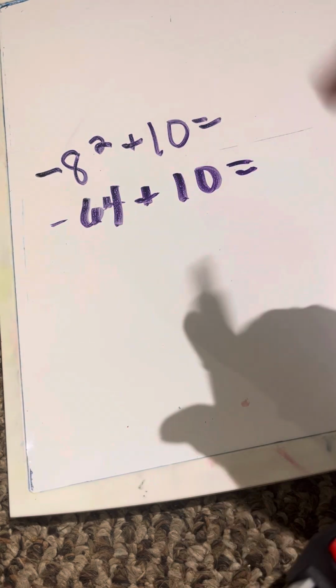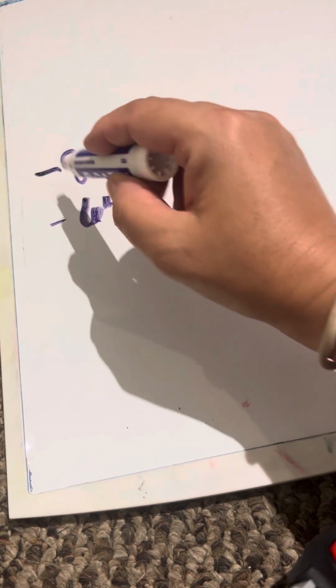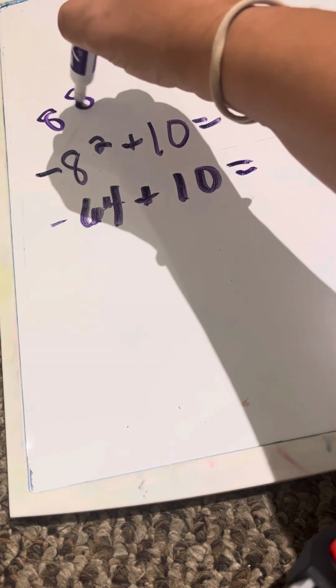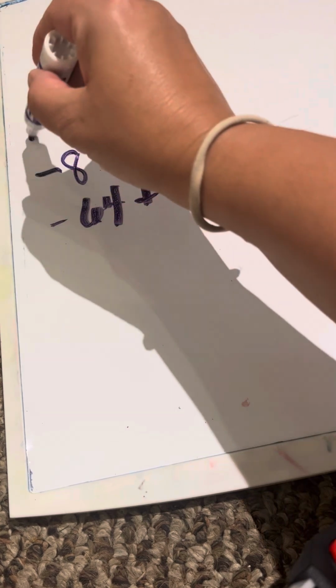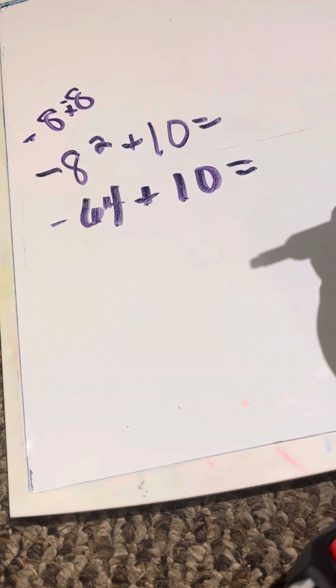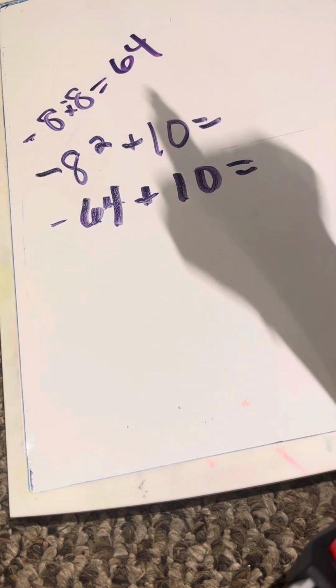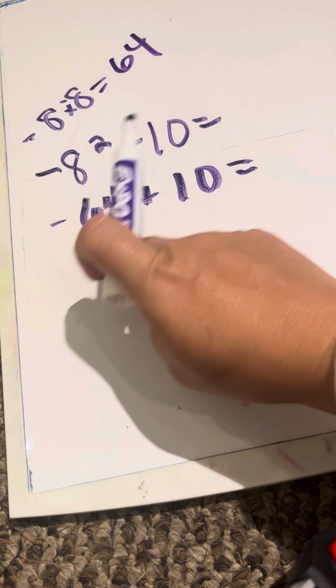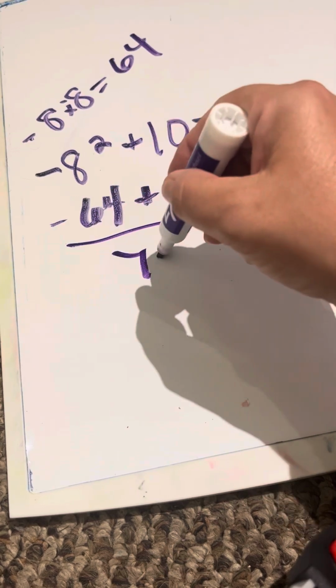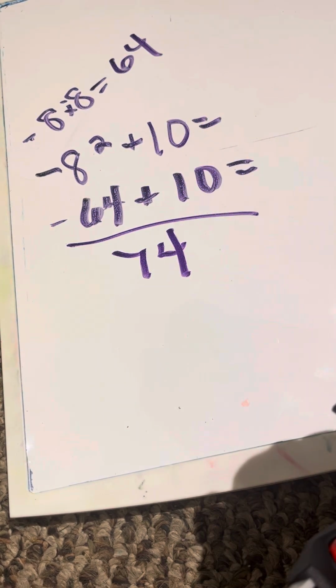Here's the question: because we know that 8 squared is 8 times 8, is this -8 times -8? Would that make it a negative and a negative equals a positive? That's the question. So then we're going to do 64 plus 10, and the answer is 74.